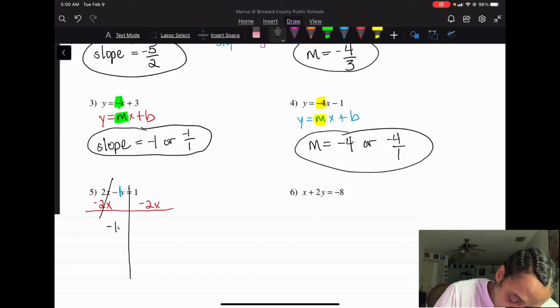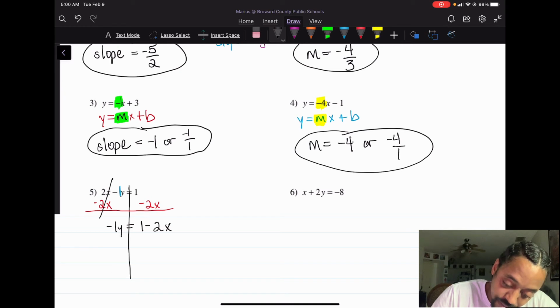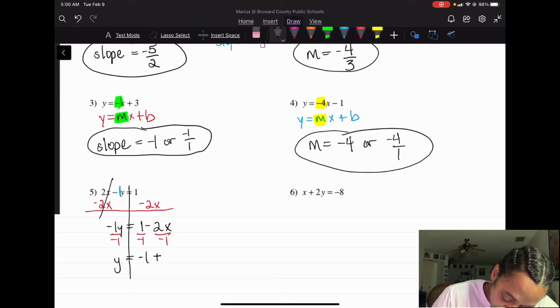Then we have -1y equals 1 minus 2x. The last step here, divide everybody by -1. And our final answer is going to be y equals 1 divided by -1 is -1. -2 divided by -1 is positive, and 2 divided by 1 is 2, so this would just be positive 2x.